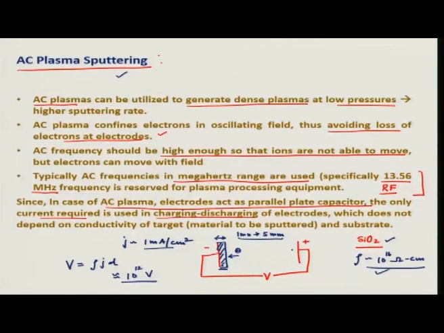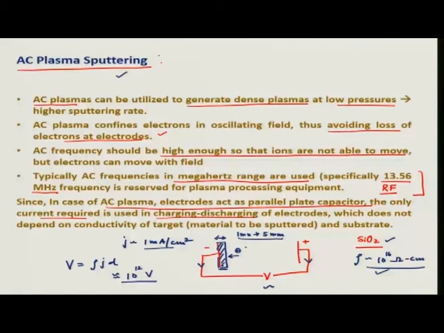There is no current flow between electrodes. The only current that flows is because of charging of these plates in the external circuit, because once this plate changes from negative to positive, the current flows in both directions to reverse the polarity. That is the only current flowing. There is no current flowing between the electrodes.